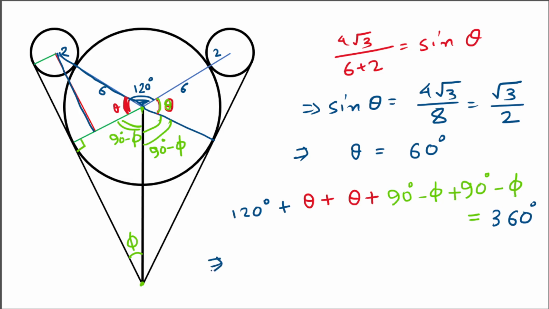Now we can simplify this, and it becomes 120 degree plus 2 theta plus 180 degree minus 2 phi equals 360 degree.